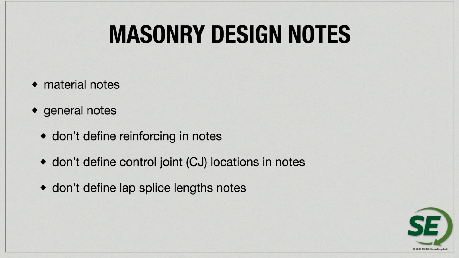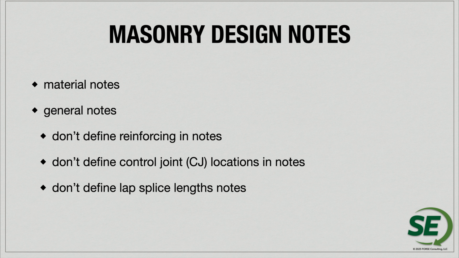In fact, when we do project reviews, when I've looked at projects, I see some of these items. I just had one earlier today where I saw several of these items included in their general notes. So don't define reinforcing in notes.